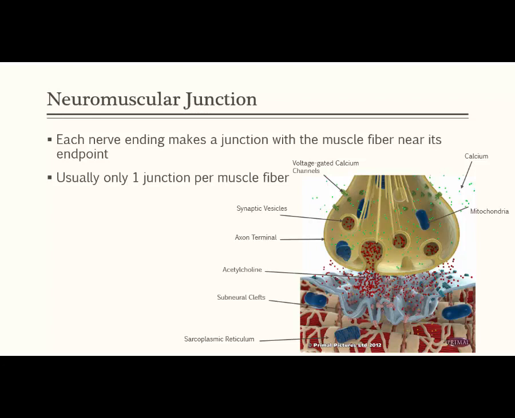So any given muscle fiber will be innervated by a single nerve ending. Within the nerve ending are synaptic vesicles that contain ACh, acetylcholine, because acetylcholine is the neurotransmitter which is important in muscle contraction.